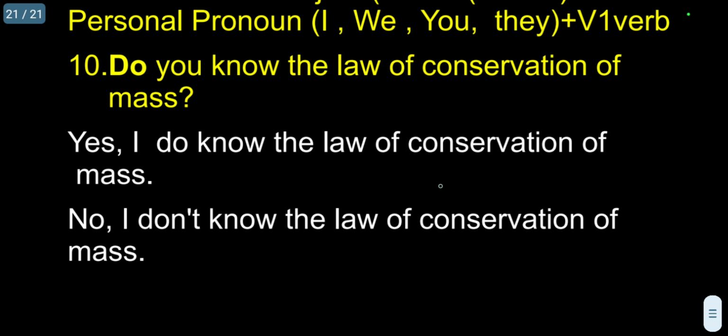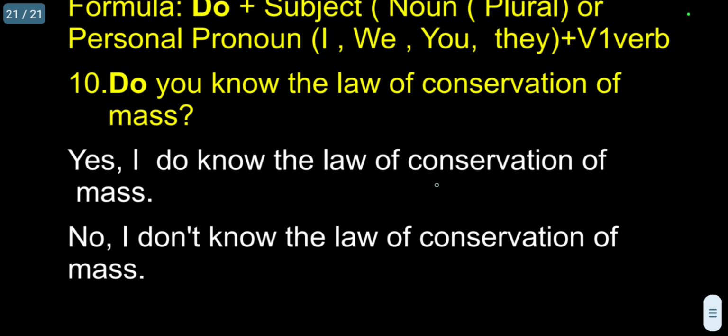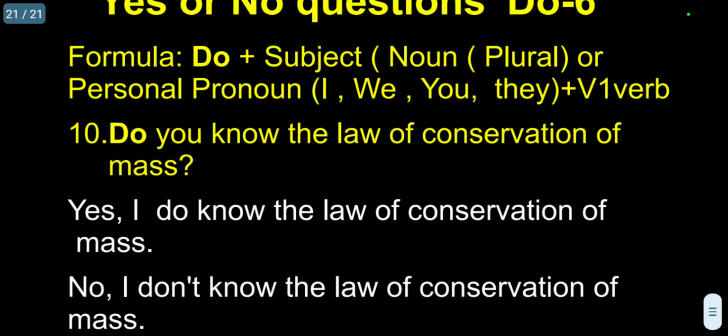So, my dear students, I have discussed so far 10 sentences under the auxiliary verb do, with rules and characteristics. I hope you have enjoyed. I am Dr. Gunasekaran, and this was the explanation so far.